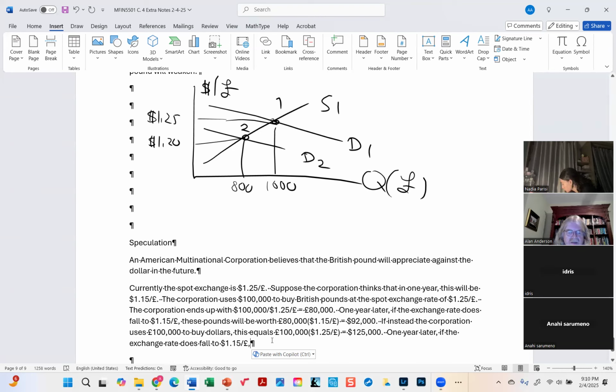Wait, let me just double check. So in the first case, they used dollars to buy pounds. We end up with 80,000 pounds, which ultimately is worth 92,000. But instead, if we bought dollars, all right, I see what we're doing.